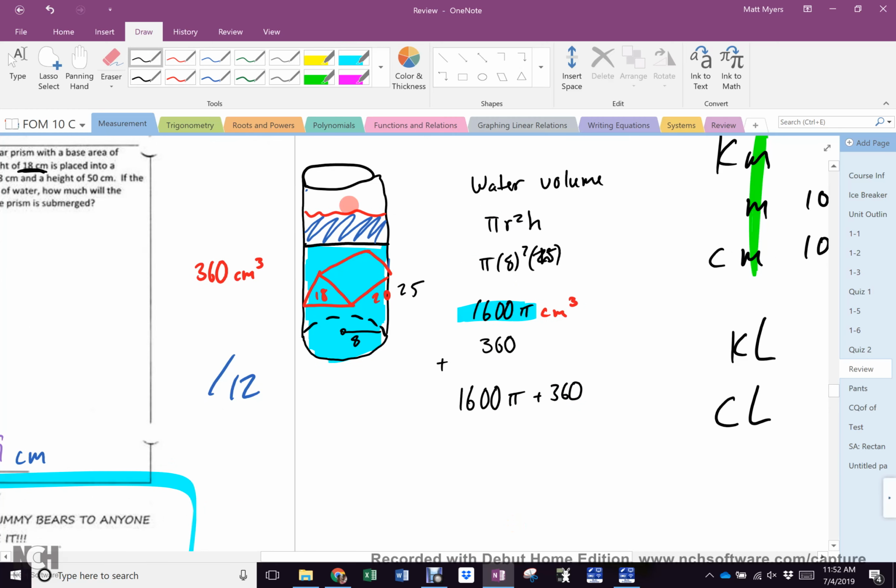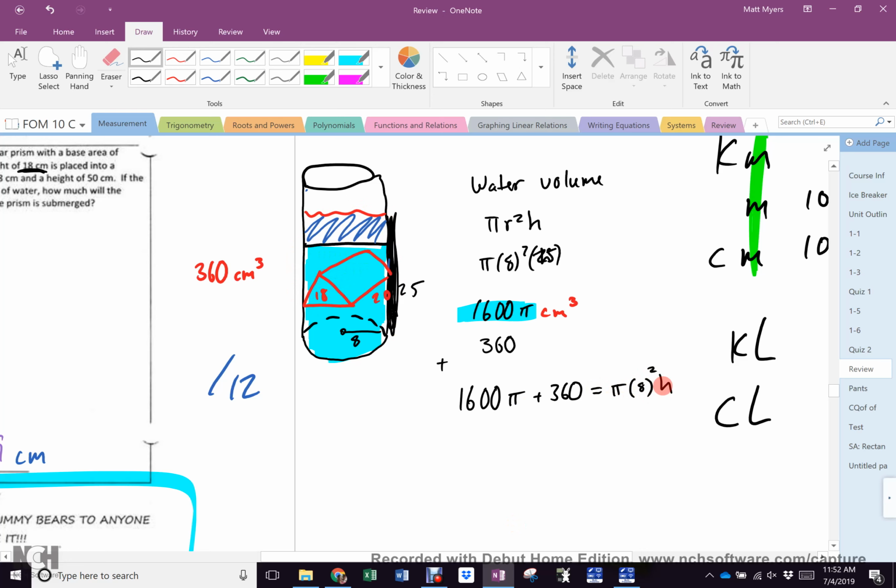And now I have a new cylinder, don't I? That new cylinder has this volume, pi. It still has a radius of 8, but what does it have that's new? It's got a new height.